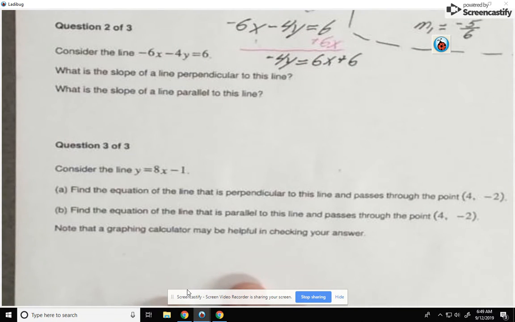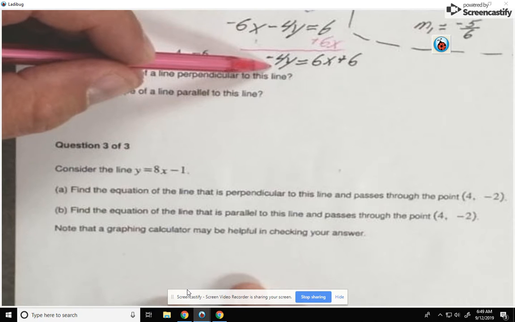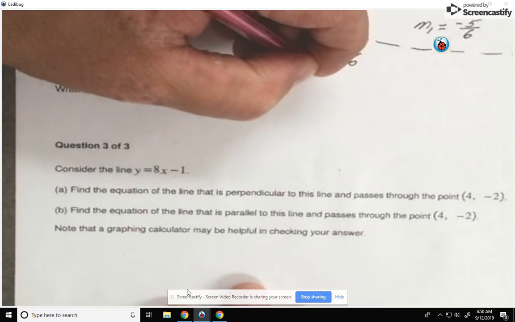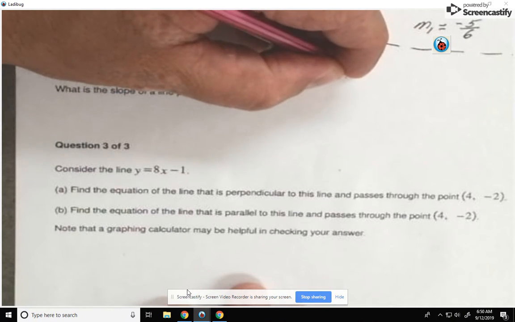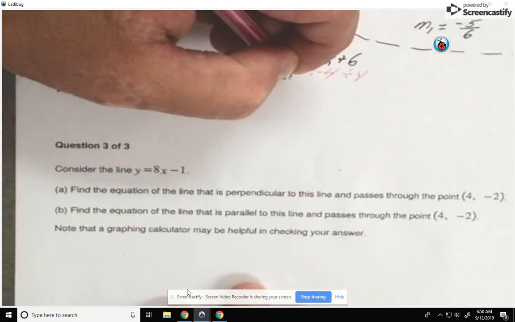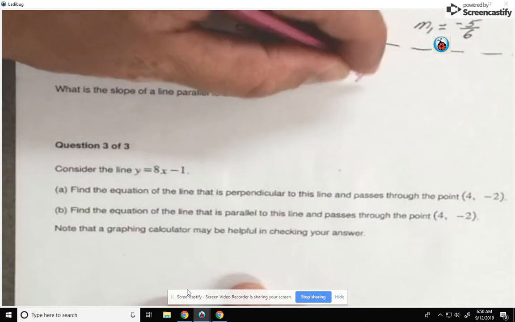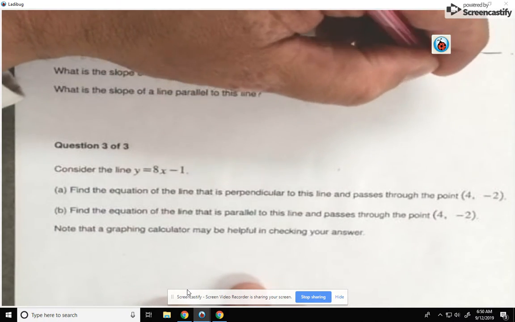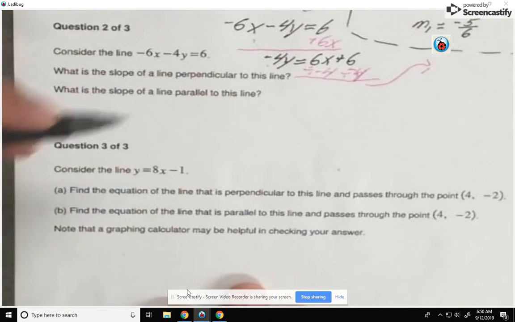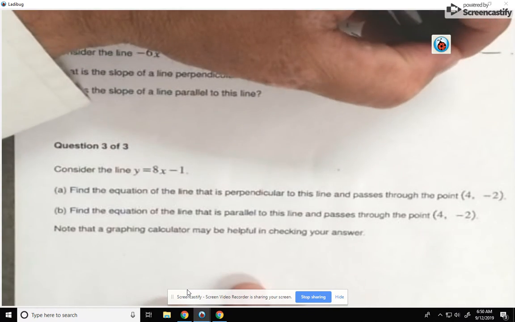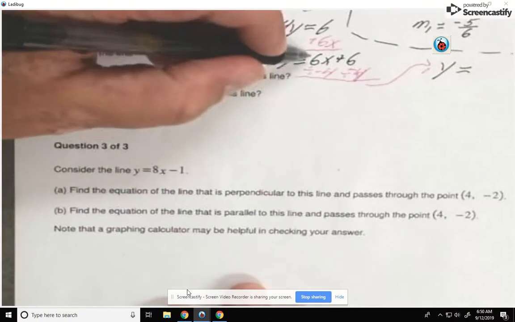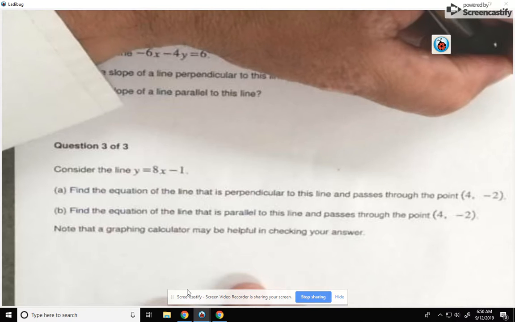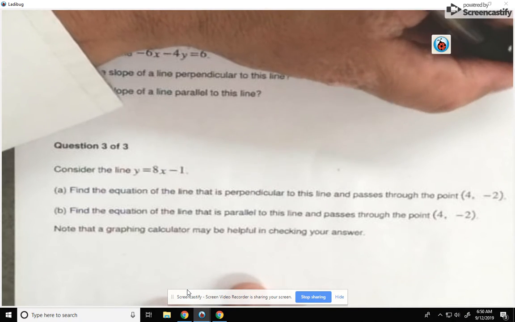And then finally, since we have a -4 on our y, we divide all three pieces by -4. If we do this, our y would just be y. 6 over -4, we're going to go ahead and leave it as -6 fourths x.